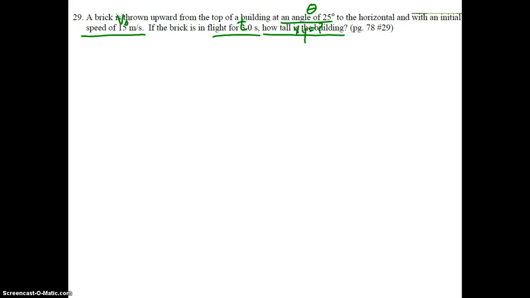All right, again, let's start with a diagram here, making sure we have a clear picture of what's going on in the question. So here's our building. We're looking for this XY value, the height of the building.